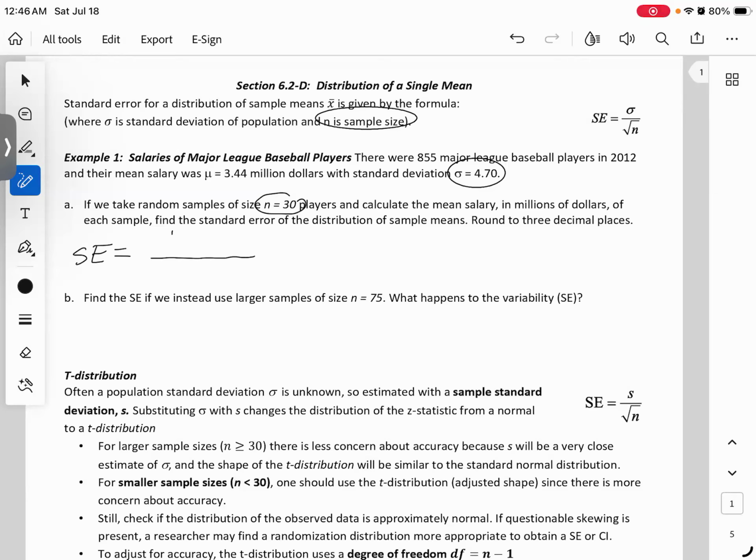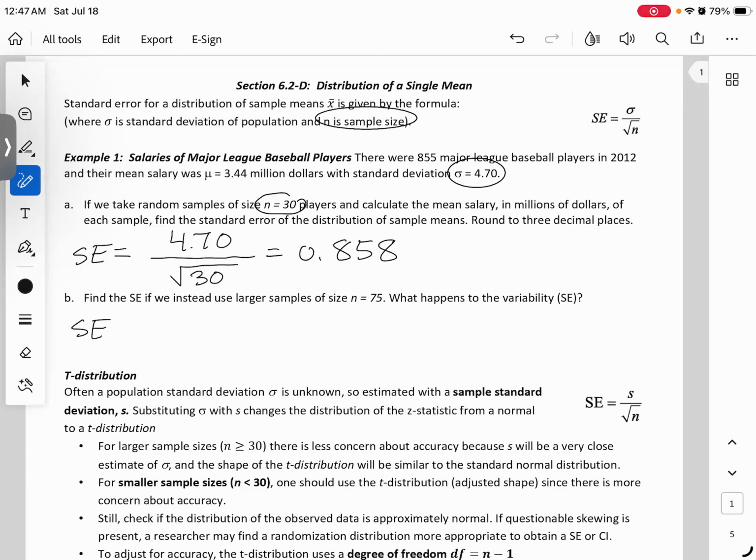You take your standard deviation and you divide it by the square root of the sample size, which would be 30. So it's pretty quick. You should get 0.858. Again, for standard errors, I usually like to do at least 3 decimal places. I feel like that just gives a little extra oomph of accuracy.